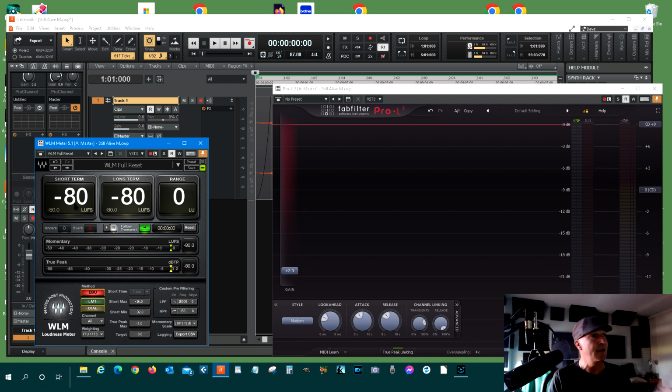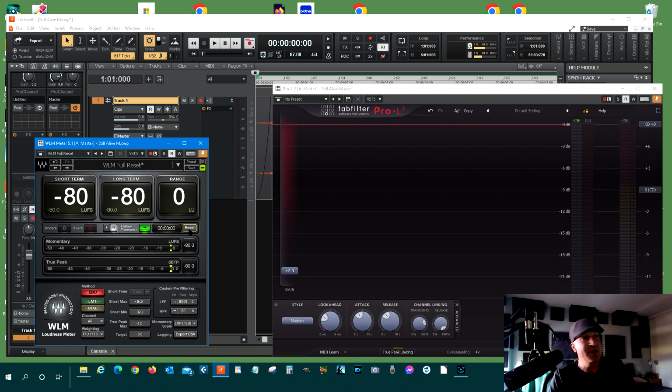So the short term just tells me the immediate, and I go, okay, way too loud. Might be -5 when it's playing, and I want to get that up kind of -8, -9, but I want my long term to be kind of -8. I don't know. I feel like I'm bending to the loudness wars in a way, but this is the way it is.